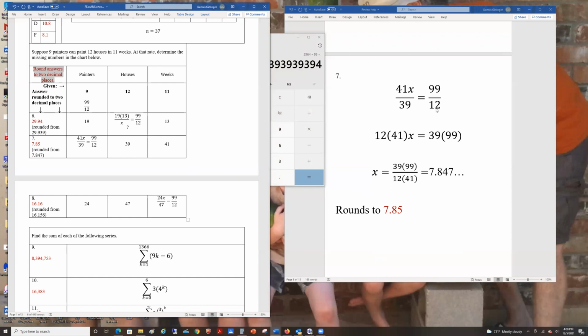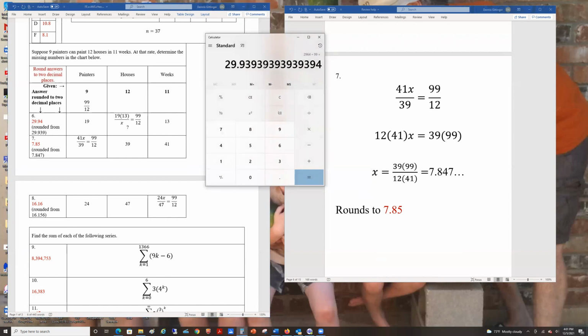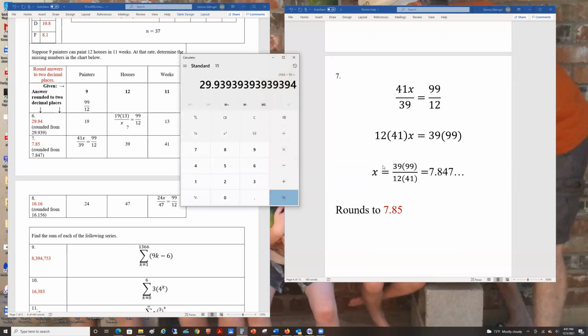Cross multiply, I get 12 times 41X must equal 39 times 99. X must equal 39 times 99 divided by 12 times 41. And you notice I don't write out what 39 times 99 and 12 times 41 are, because it doesn't make any difference.